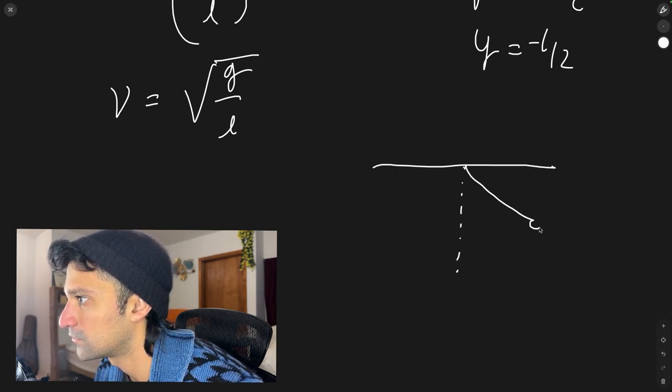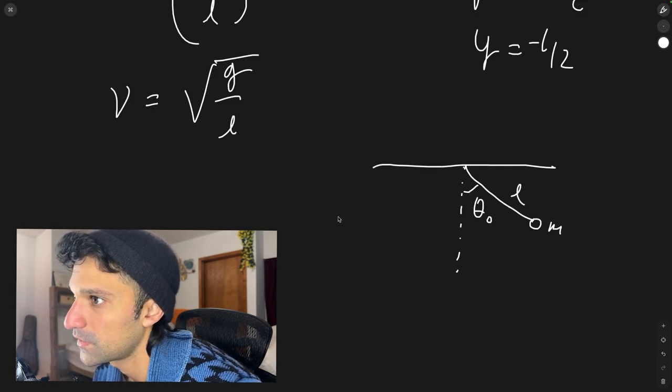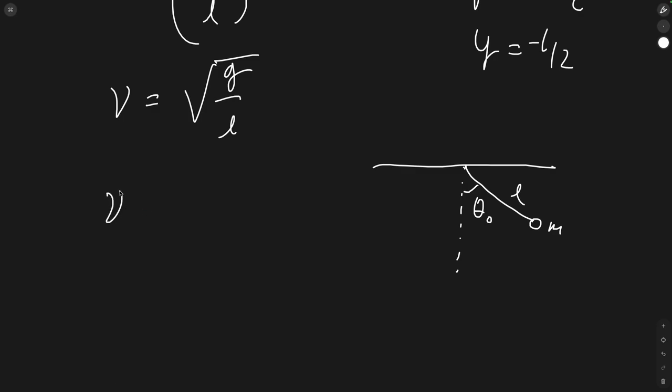Like this, mass m, L. It has some initial angle. It depends on this initial angle, right? So really the frequency would be something like this. And we didn't consider this because this is dimensionless, so it's impossible really to consider it. But we got really close, huh?